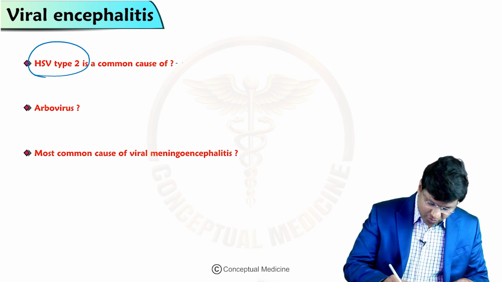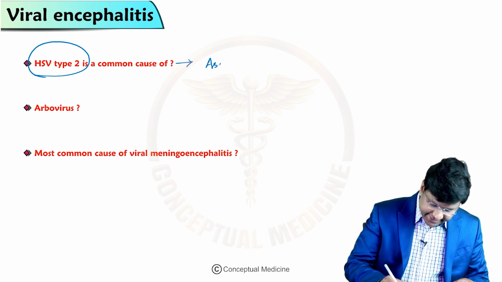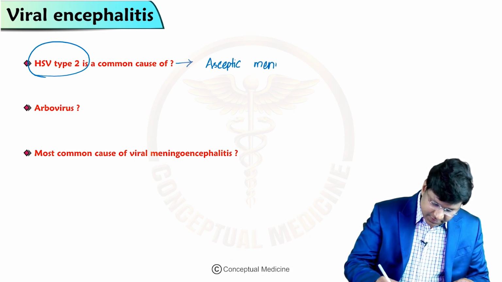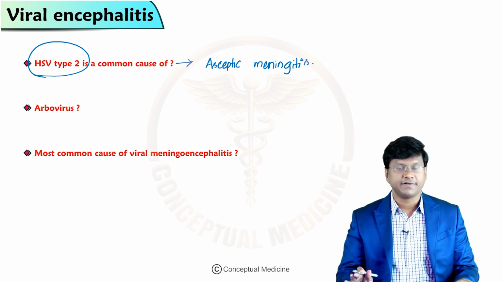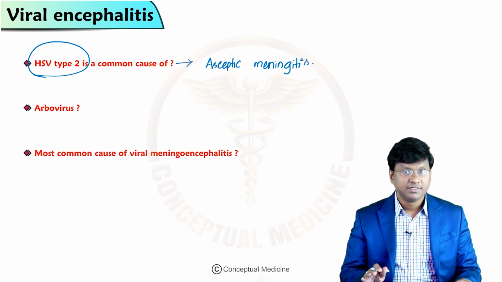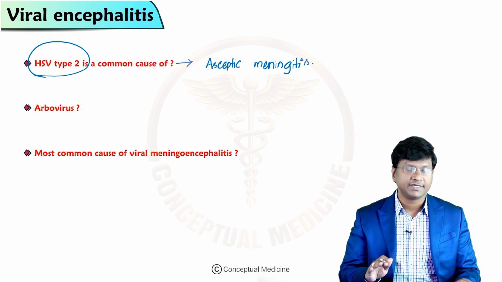So this will be the common cause of aseptic meningitis, but this will not cause viral encephalitis, whereas HSV1 will cause viral encephalitis, and the most common cause of sporadic viral encephalitis is HSV1.